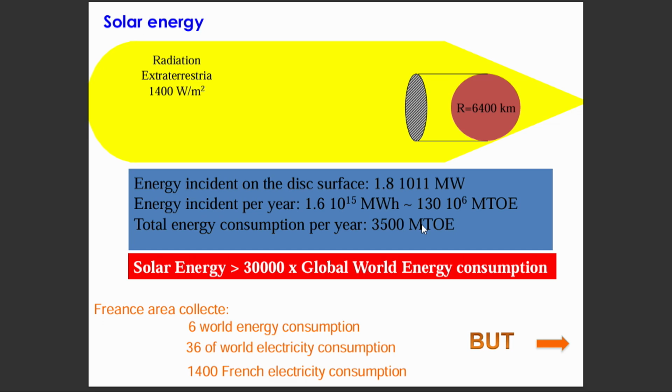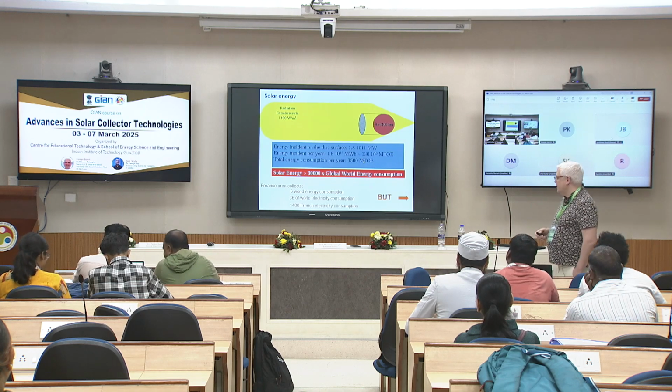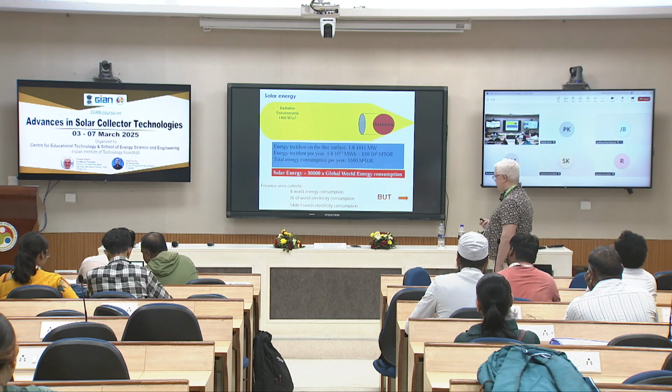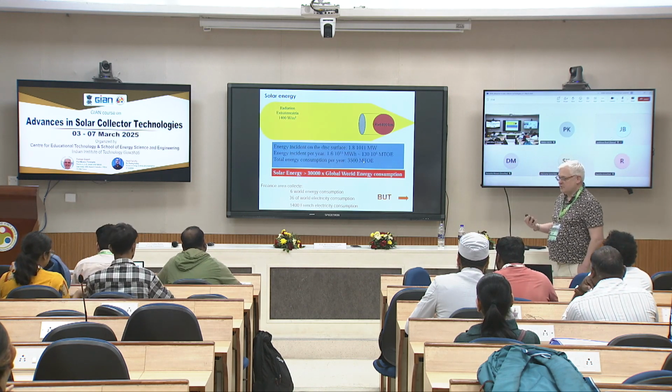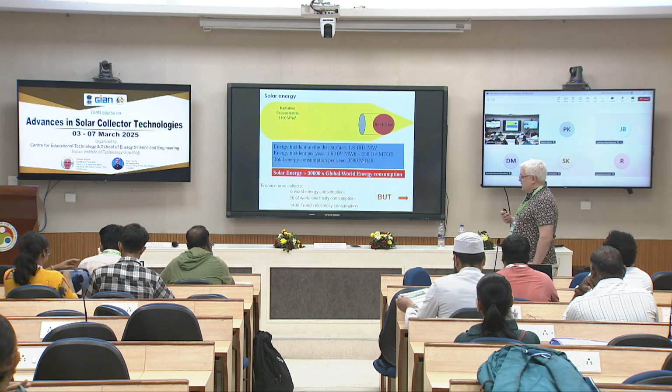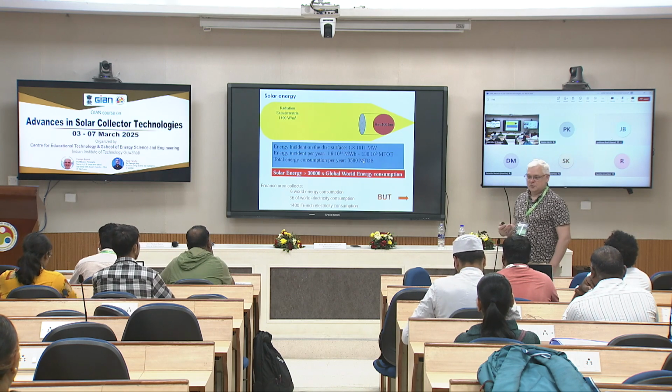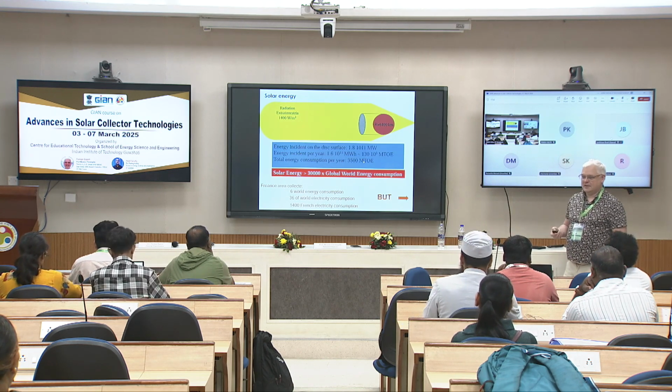If we cover the area of France with solar collectors, it would answer 6 times the world energy consumption, 36 times the world electricity consumption, and 1,400 times the French electricity consumption need. Of course, it is not possible, but just to have an idea.